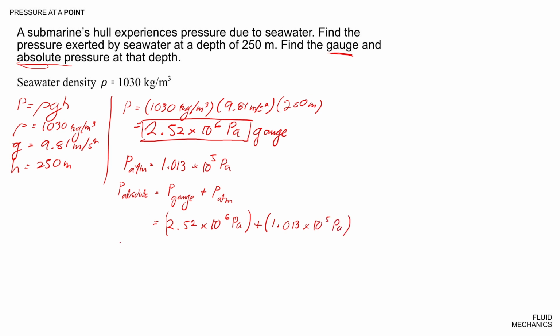You add that with your scientific calculator, and now we have the absolute pressure being 2.62 times 10 to the 6th pascals.